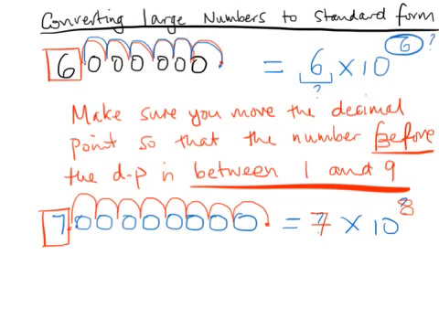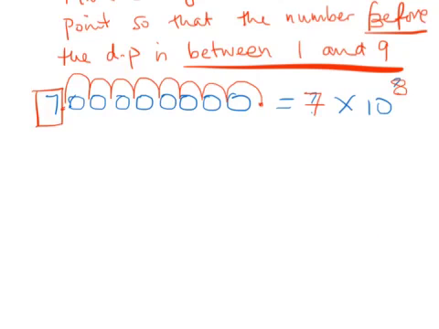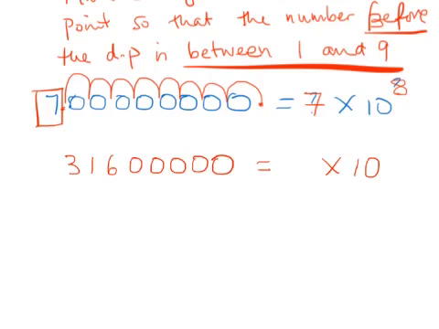So that means 700000000 is 7 times 10 to the 8. Let's do another example. Let's try and convert 3160000. Well, we know that the answer is going to be times 10 to the something.